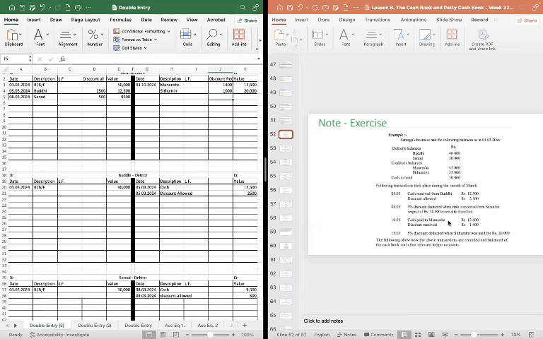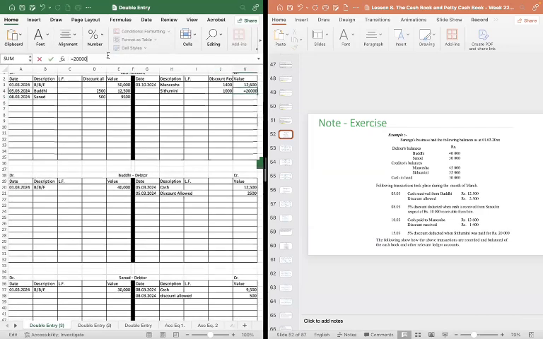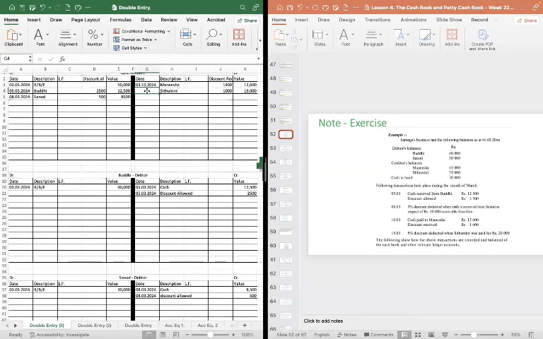But in this particular case, 5% discount is deducted when Situmini was paid 20,000. Then this is the amount due. So actually, the cash being paid is 20,000 minus this discount received. So we are only paying 19,000, whereas we receive a discount of 1,000.